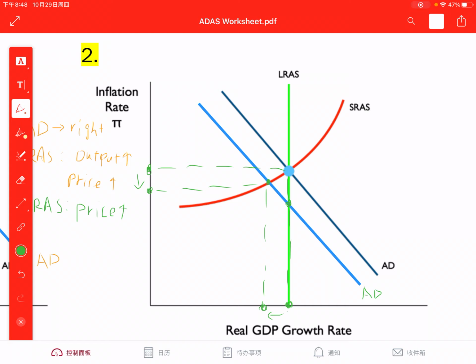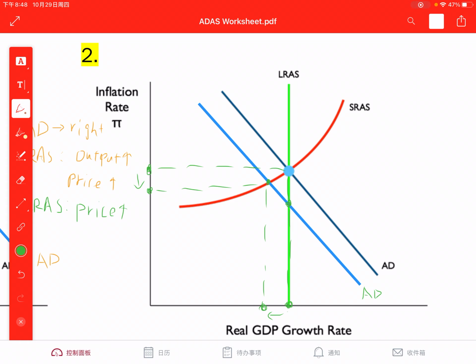If we feel that few people are willing to buy our pizzas, we may think maybe we should produce less because few people want to buy it. And we don't want to decrease our price right now. So we will first decrease output, but then let's say the long term.